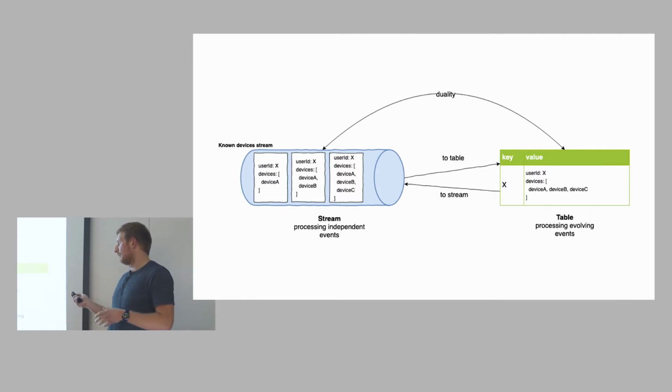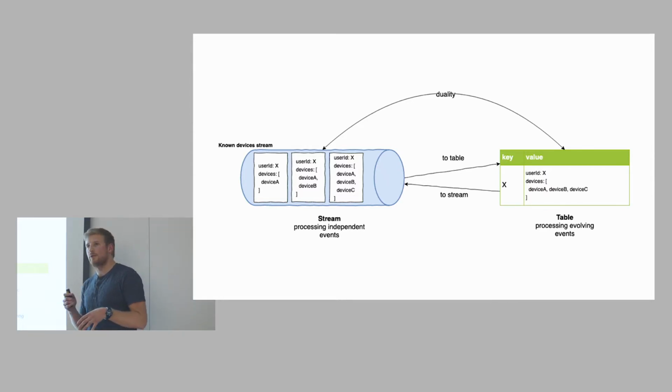But when you say that I want to consume the data as a table, what you are really saying is that you are interested in the most recent version of a given aggregate for a particular key. So here you have independent events as they happen, as you emit them from the topology, but here you have a guarantee that you have only one message with the most recent version coming from the stream in scope of a particular key.